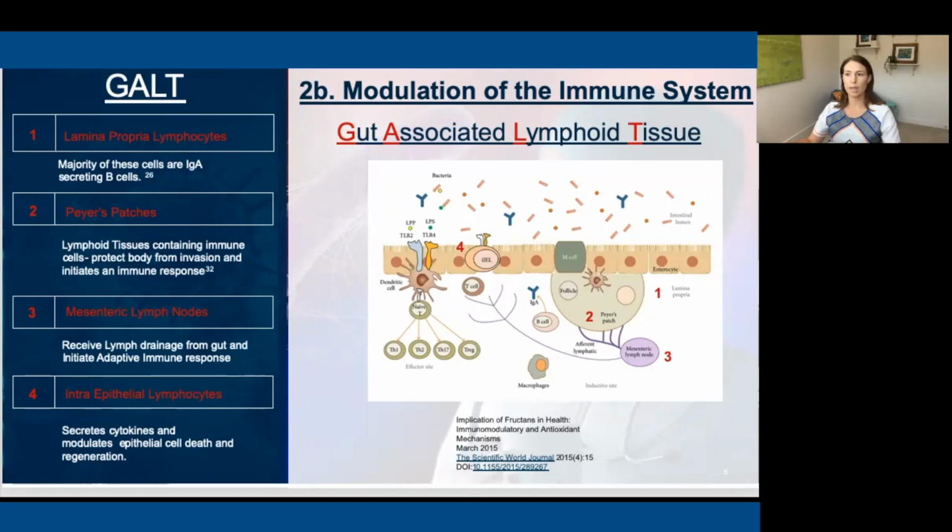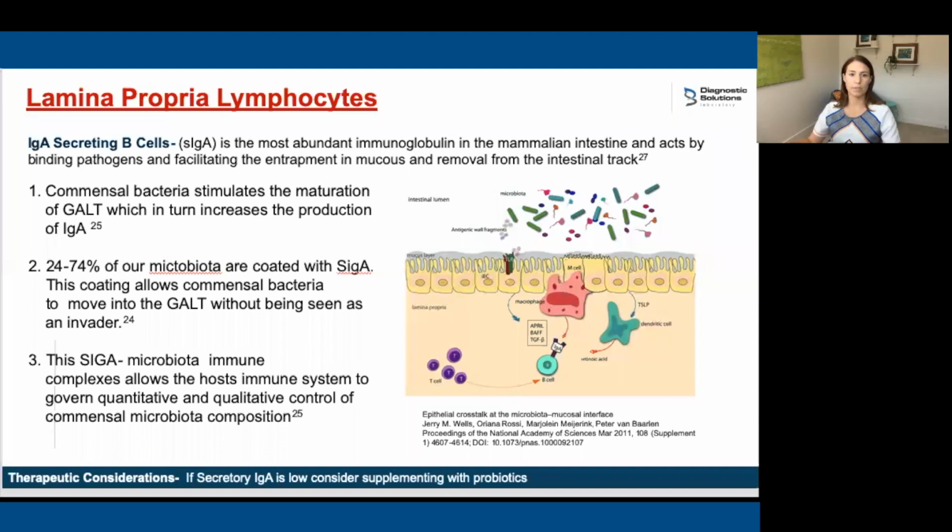We'll start with the lamina propria lymphocyte. These lymphocytes are scattered in the lamina propria of the mucosa, and the majority of them are IgA-secreting B cells. There seems to be an interesting and synergistic relationship between our commensal bacteria and secretory IgA, and it looks a little bit like this.